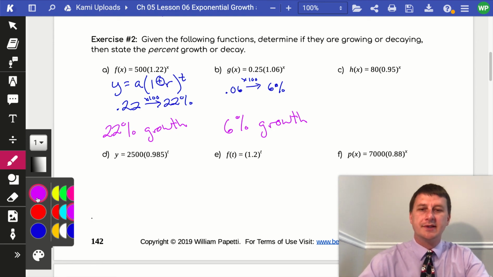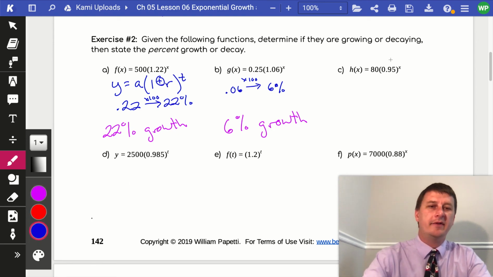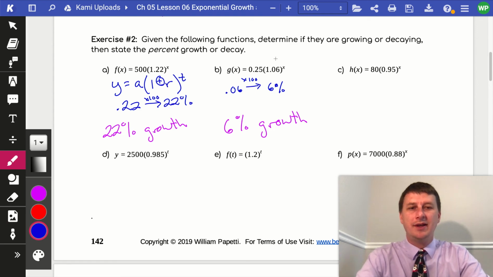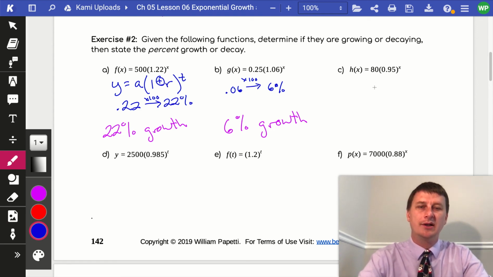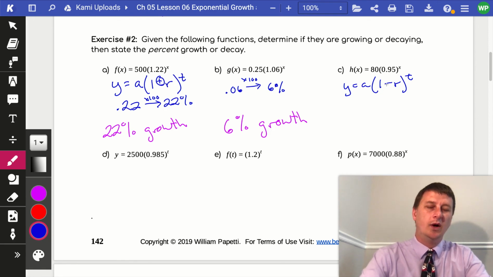If we're looking at part C, on the other hand, now we have a number that's less than 1. And if we multiply any number by a number that's less than 1, we're going to get a smaller amount than what we started with. So this is one of the cases where we have y is equal to a times 1 minus r to the t. So we have to look at this and see what are we subtracting from 1 to leave us with 0.95.